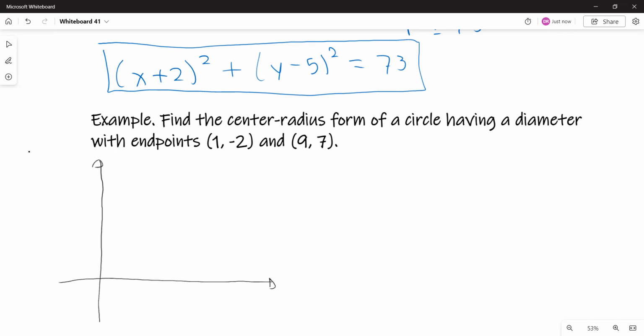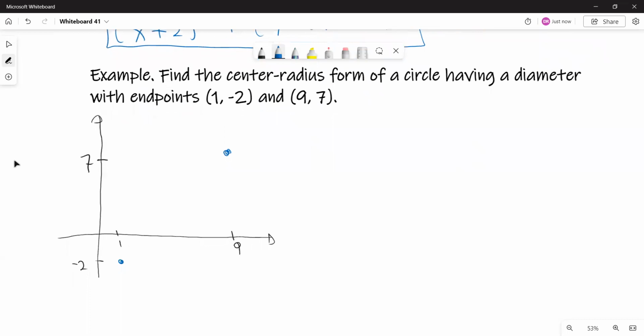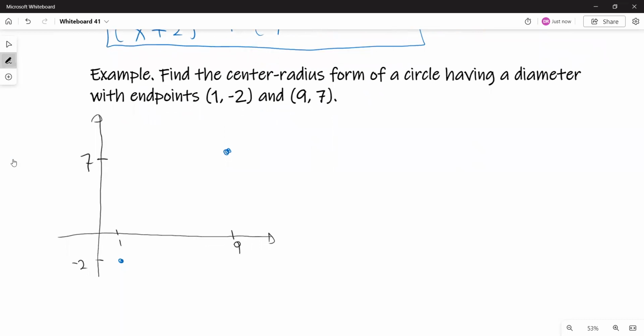Okay, so let's say that one diameter has endpoints 1, -2, and 9, 7. So these are the end values of a diameter. I don't know anything else about this circle. So let's try to sketch the graph, sort of.